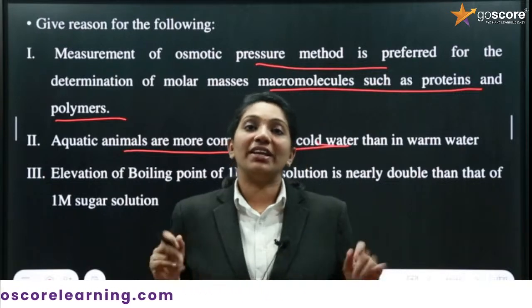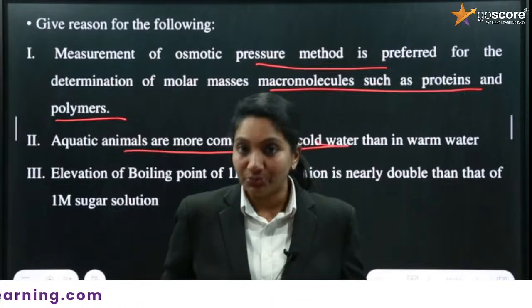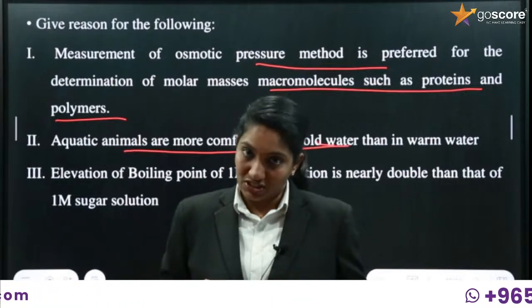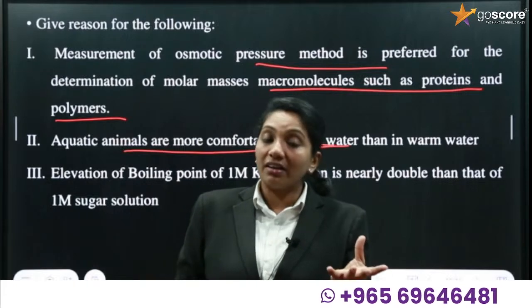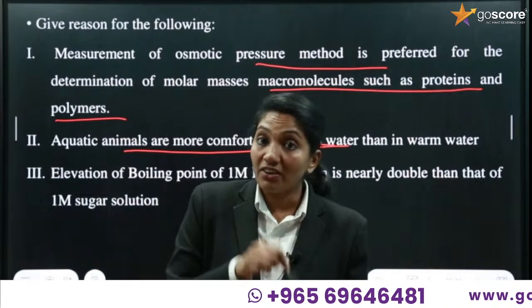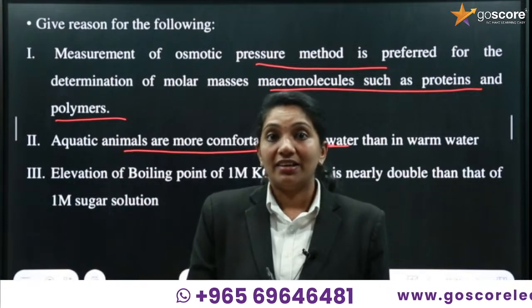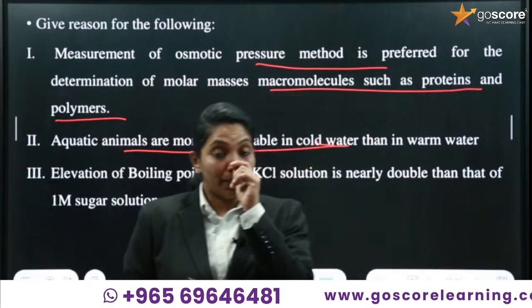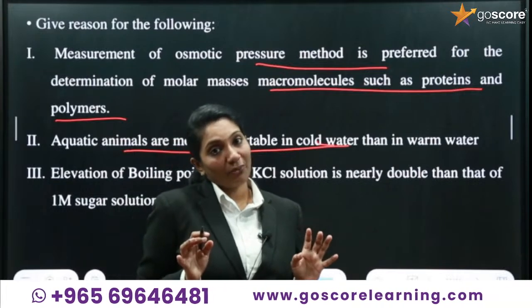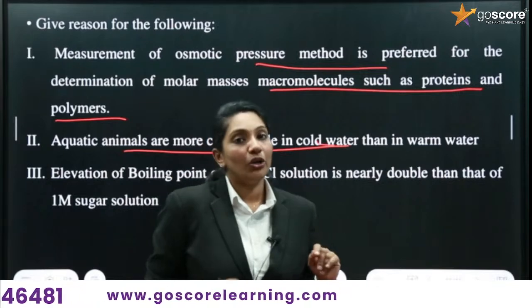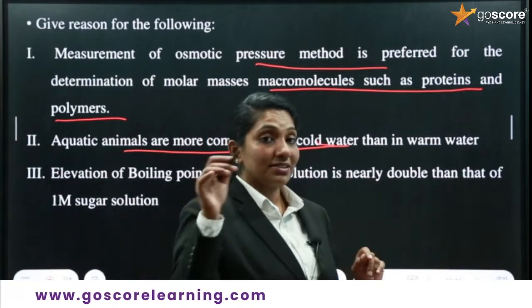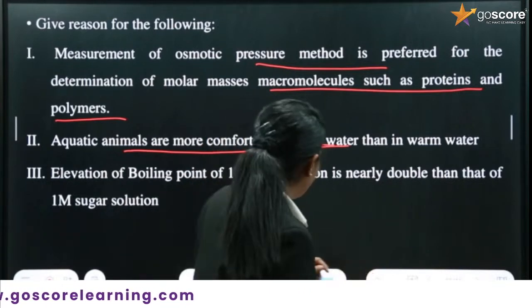So the aquatic animals feel more comfortable because they are getting enough oxygen there. But in warm water, the temperature is slightly higher, so the amount of dissolved oxygen will be lesser. So there will be discomfort for the aquatic animals in warm water, but they are more comfortable in cold water because there will be more dissolved oxygen in it, right?